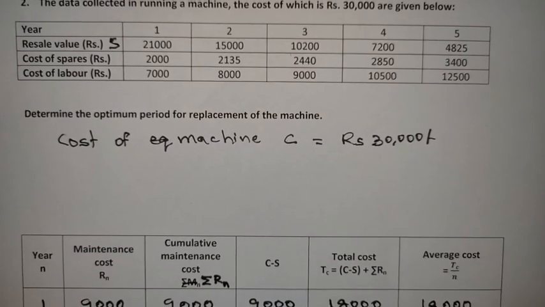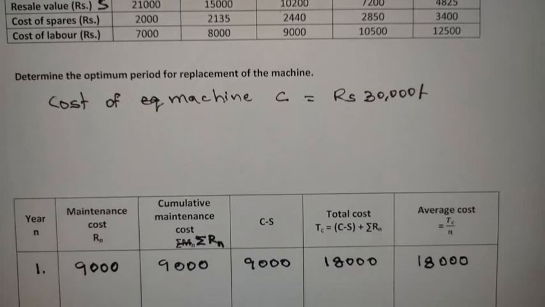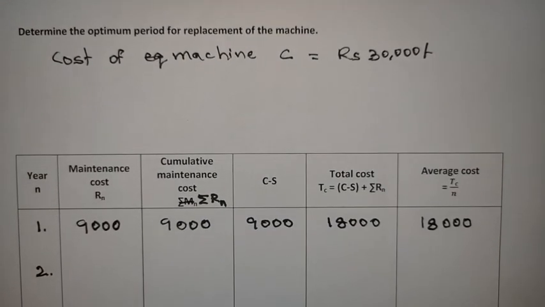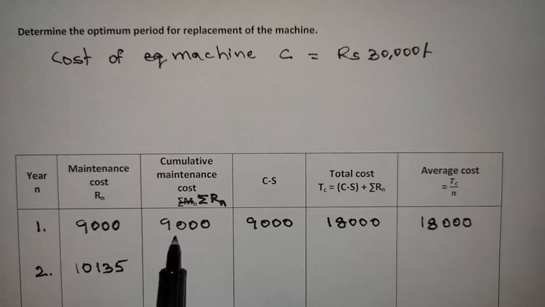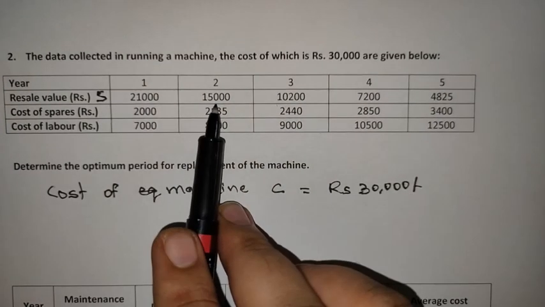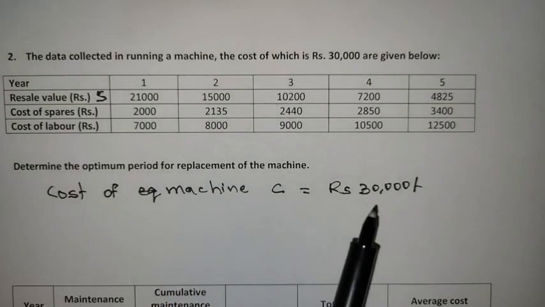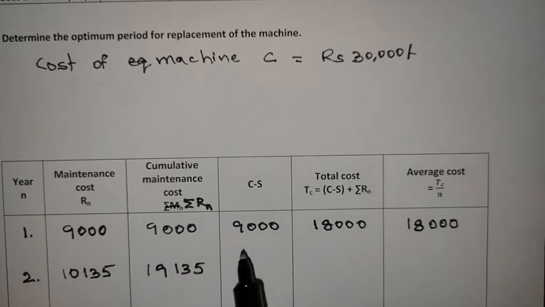Next, the second year. What is the second year maintenance cost? 2,135 plus 8,000, then we get 10,135. Then cumulative maintenance cost 10,135 plus 9,000, 19,135. Next, C minus S value. C value is 30,000. Now S value in the second year is 15,000. 30,000 minus 15,000, we get 15,000.